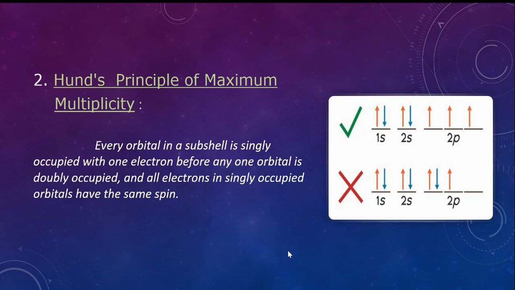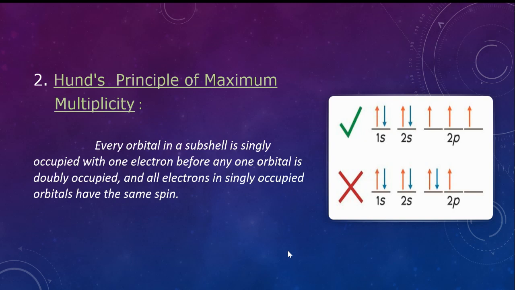Okay? This can be very well explained by taking nitrogen as an example. Nitrogen has atomic number 7 and mass number 14. When we write the configuration, it is 1s2, 2s2 and 2p3.